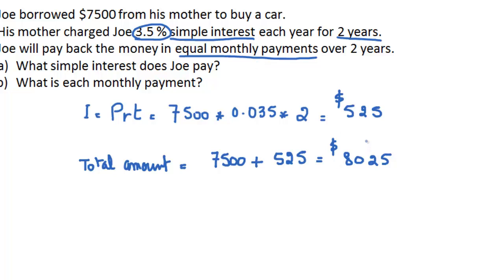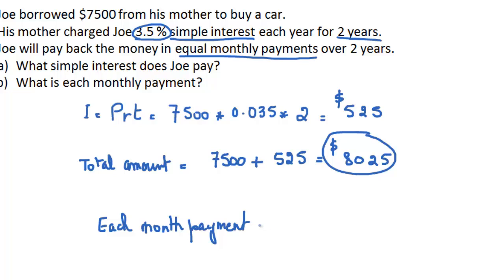If he has to pay that in 2 years, that means each month he will pay what? So each month payment, it will be the 8,025 divided by 24 months.